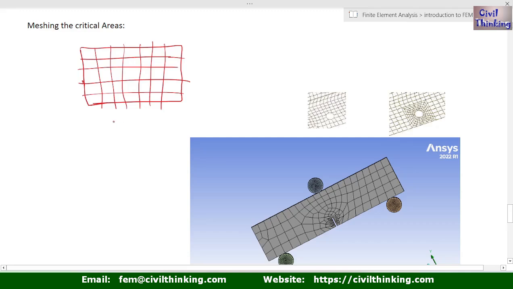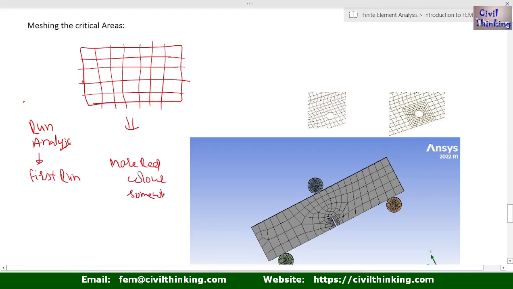It is the same, there is no difference. So when you carry out the mesh and run the analysis for the first time, this is the first run, you will get the results. Then you will see something, more red color somewhere.